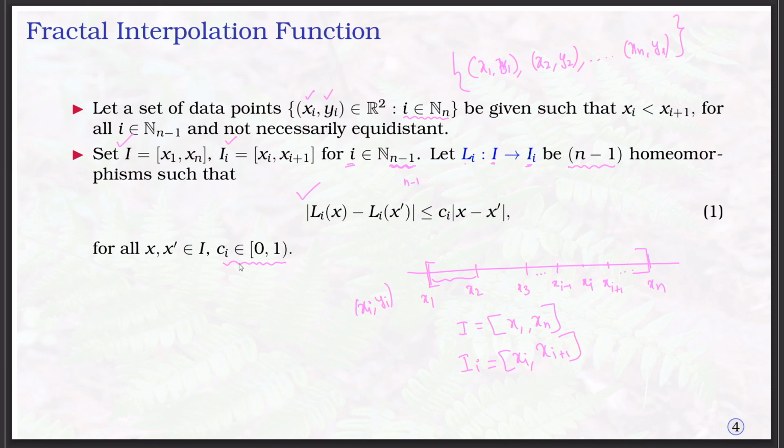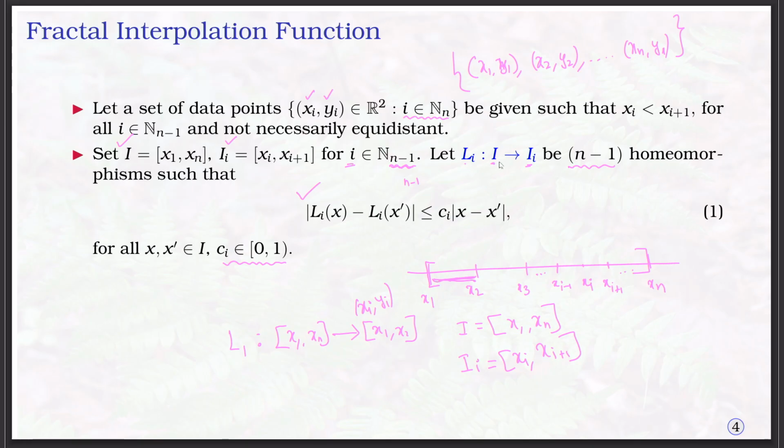So, what happens if you take L1? L1 is a function whose domain is x1 to xn, and the codomain is x1 to x2. This whole interval we are just compressing to this interval.